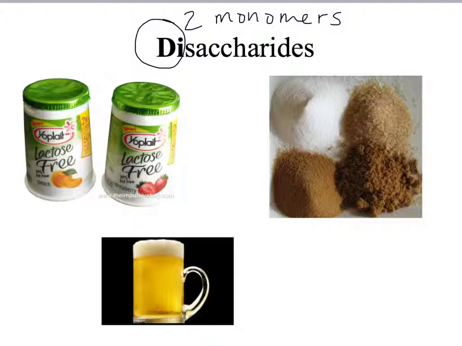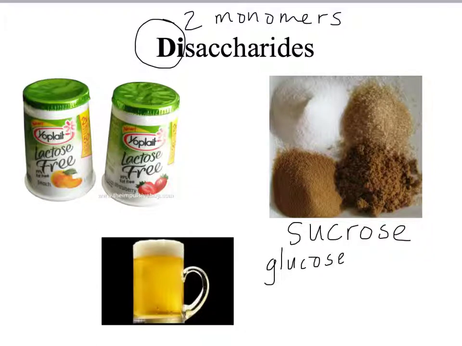So different combinations of those create our different disaccharides. So to make sucrose, which is like table sugar, so it's like brown sugar and white sugar and things like that, you're going to put together a glucose molecule plus a fructose molecule. So sucrose is the disaccharide made of two monosaccharides.